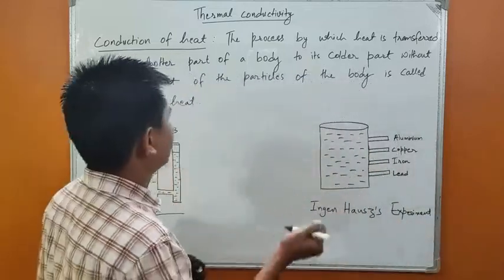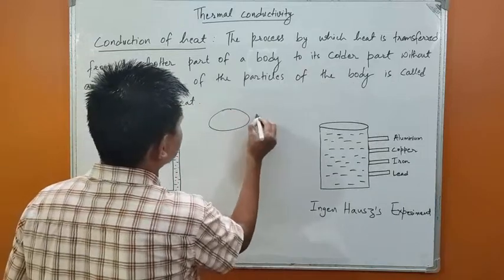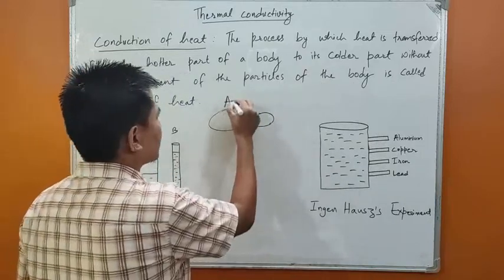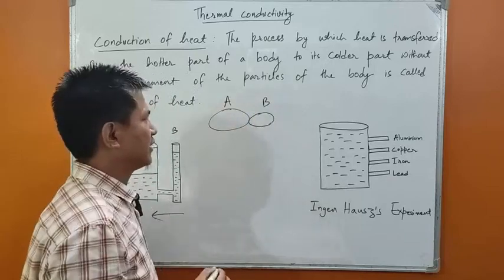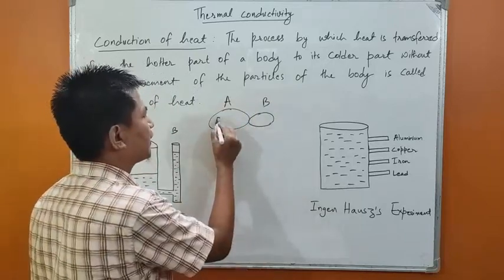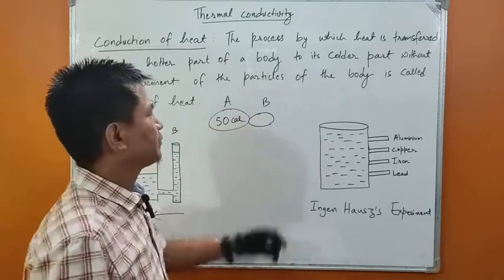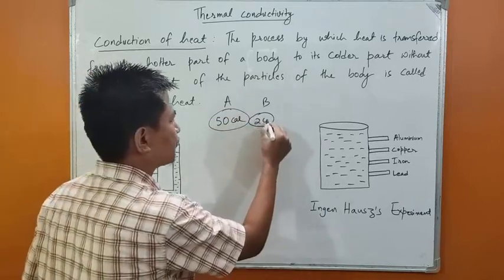Now let us consider two bodies in contact with each other, body A and body B, and let us assume body A has 50 calories of heat energy and body B has only 2 calories of heat energy.